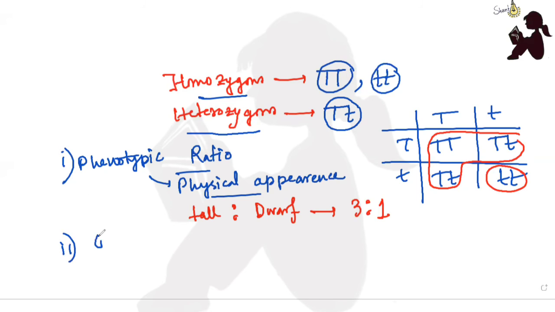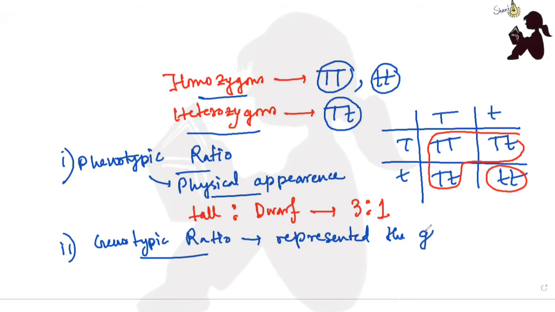The genotypic ratio, where he represented the genetic characters or genetic structures. Okay, so here the capital T capital T, capital T small t, and small t small t, the ratio is 1:2:1.